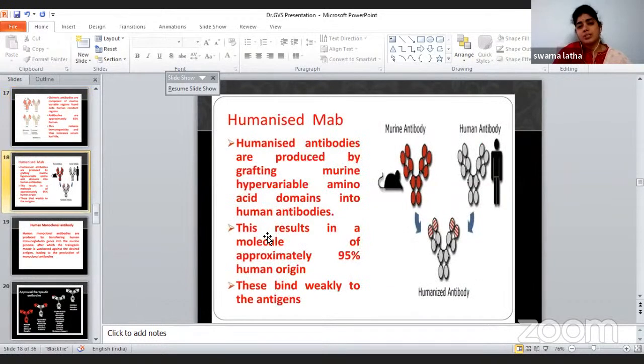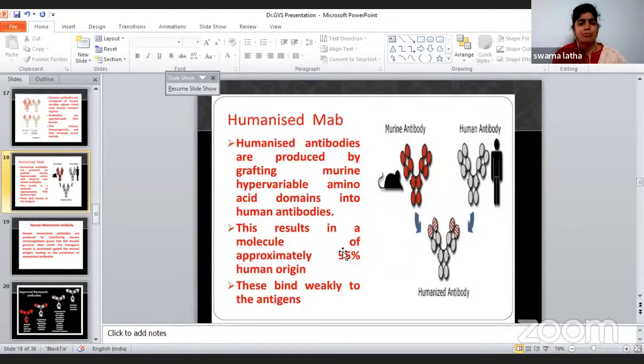Then further research progressed towards humanized monoclonal antibodies. The difference between chimeric and humanized monoclonal antibodies is that in both cases the main part is from the human, like in the Y shape, whatever constant region and variable region is there. But as I said in the first slide when explaining the paratope, within the variable region there are some hypervariable regions, or paratopes. Only the paratopes are taken from the mouse and fused with the human.